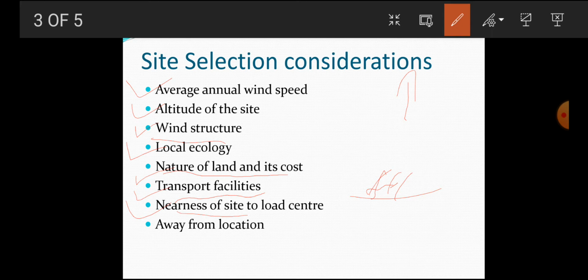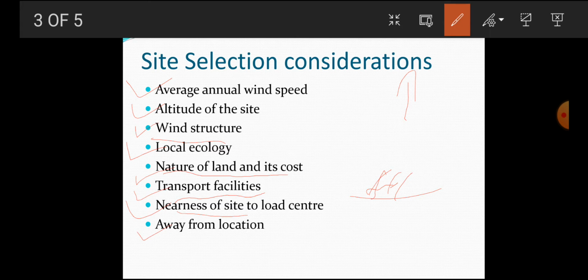Then away from localities. So the selected site should be away from localities so that sound pollution caused by the wind turbine does not affect the inhabitants in nearby areas. So four types of sites are considered as suitable.